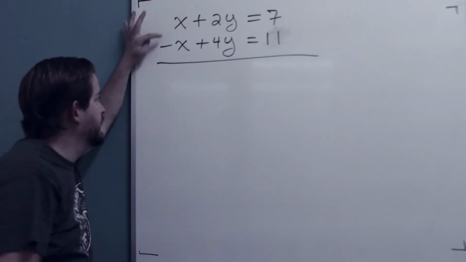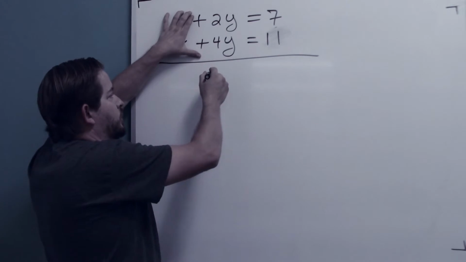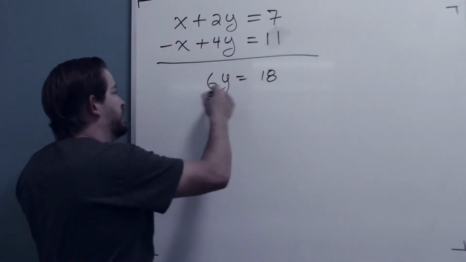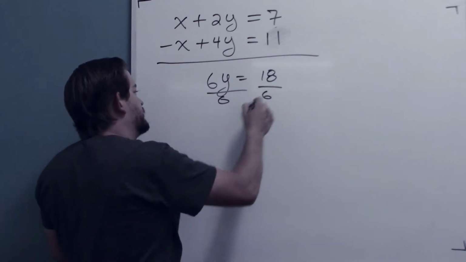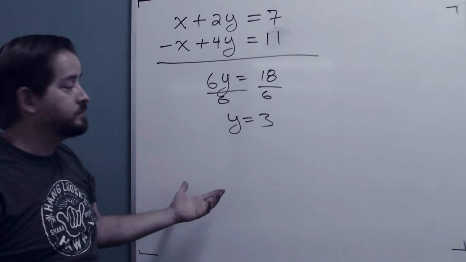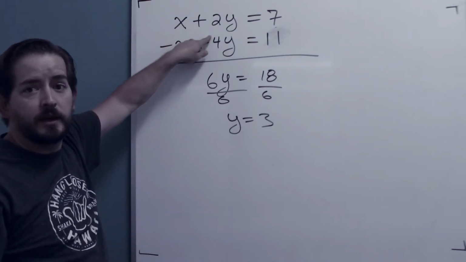If I add these, x and negative x is 0, that's gone, see ya. 2y and 4y is 6y, equals 18. Oh, look at that, divide by 6, y is 3, we're halfway done. And it's been 12.5 seconds, right? Take that 3, plug it into one of these equations, doesn't matter which one.